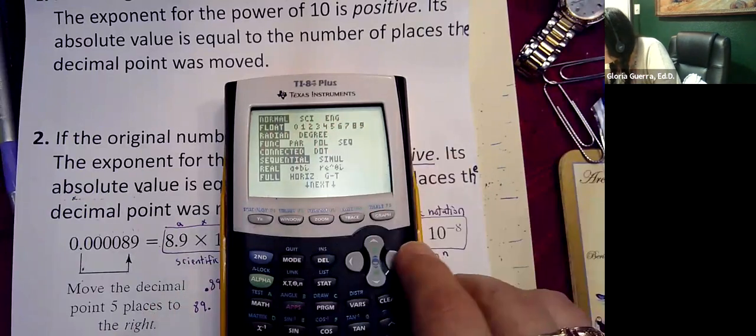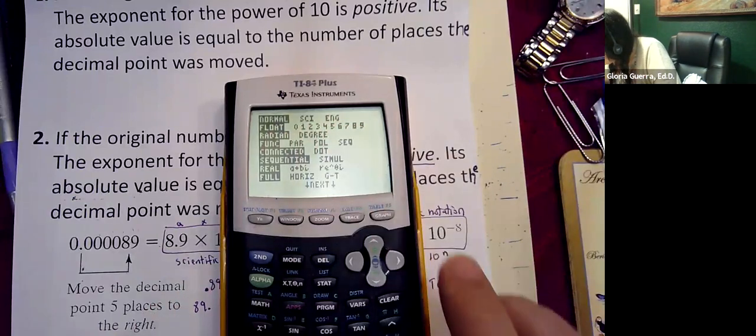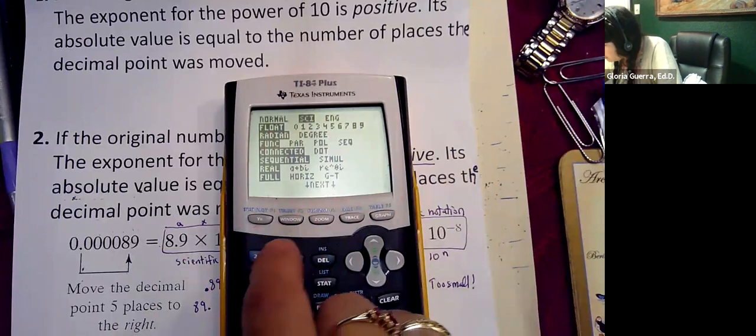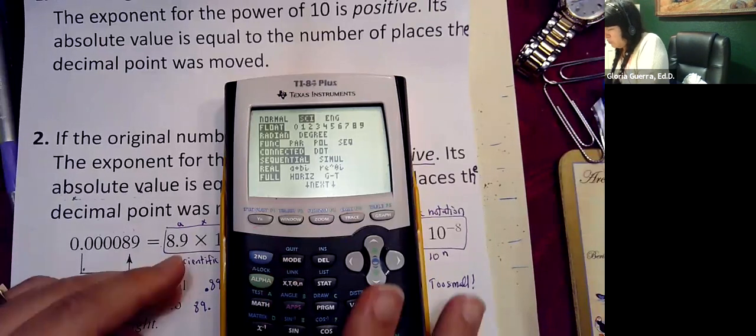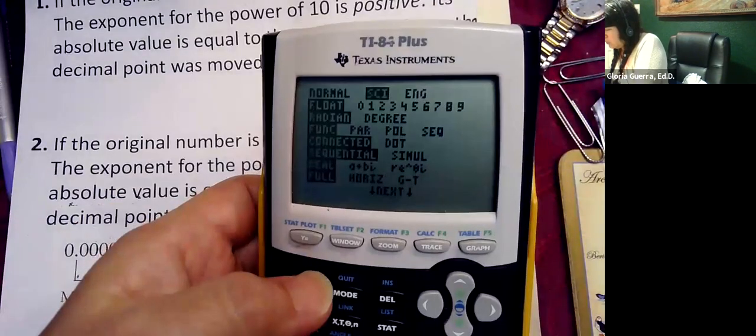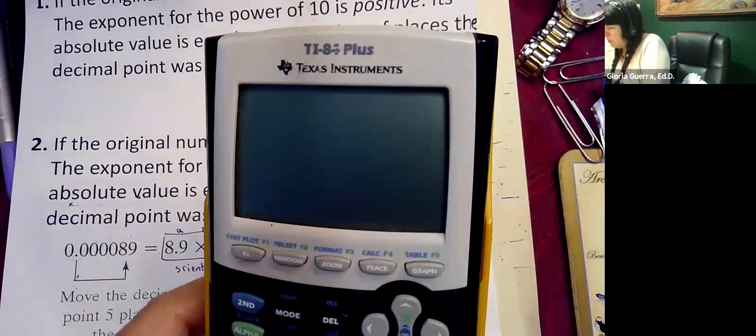Let me just see what happens if I put it on sci, hit enter. Okay, so let me turn it back off, second off. And didn't turn it off. I was trying to turn it off.